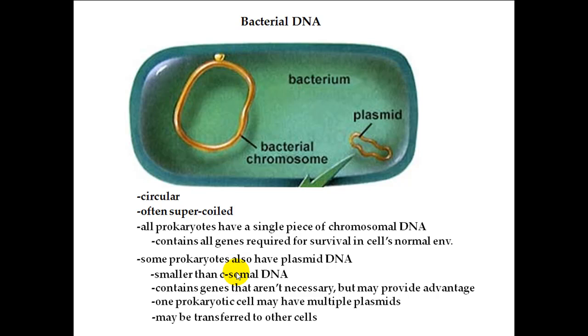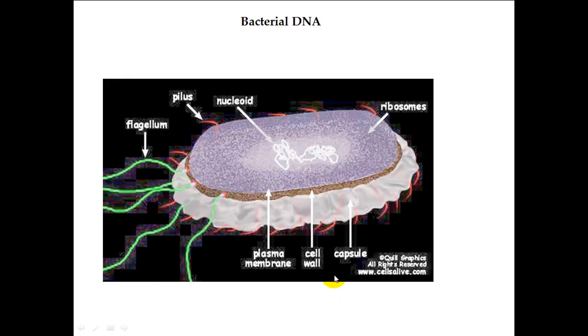So again, all cells have DNA, but there are some things about bacterial DNA that make it different from the DNA of eukaryotic cells. And before we leave bacterial DNA, we'll mention a couple of terms that are often associated with it. Here's another picture of a typical bacterial cell. Remember that bacteria don't have an extra membrane surrounding their DNA.